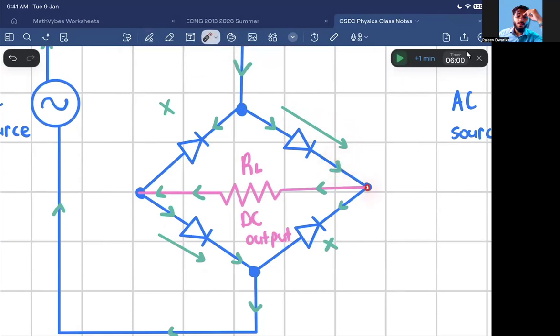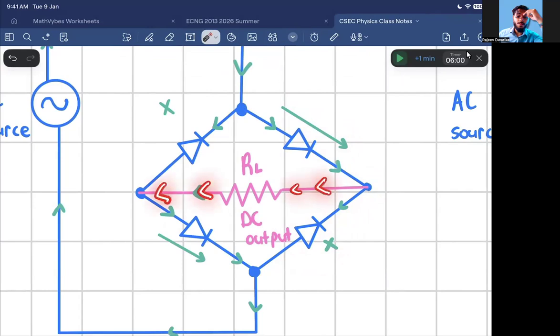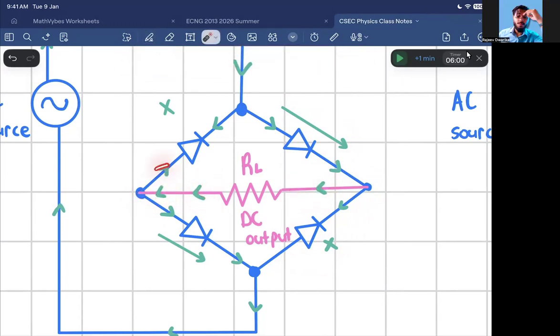Right, Zachary, when you reach this junction over here, what happens? Current is going to split again. Can the current flow in this direction? No, sir. So where does it flow then? Through the resistor. The current is going to split at this junction here, right? Well, let me ask you a question. Isn't it in forward bias so you can pass through that resistor?